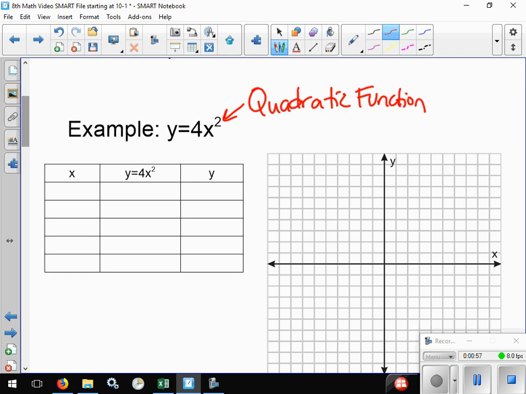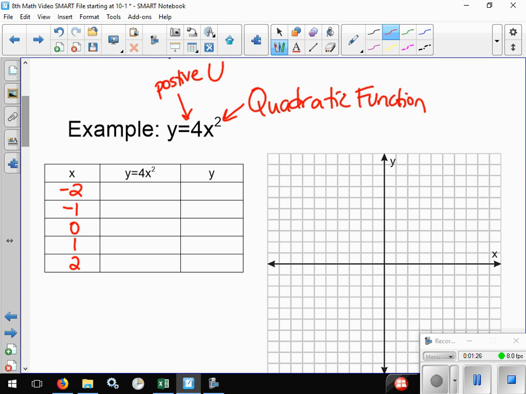Okay, and here I have a positive 4, so that means it's going to be an upward U, capital U, or the opening will be up, facing up. And I always like to start with -2, -1, 0, 1, and 2. Gives us an idea of whether it's an upward U or a downward N with the opening facing down.